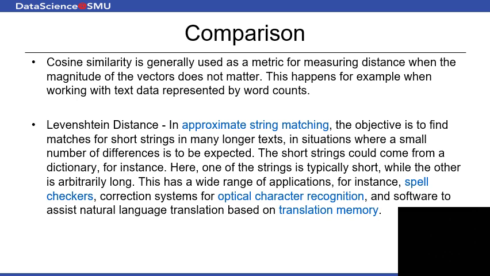Comparing cosine similarity and Levenshtein distance at a high level, cosine similarity is generally used to compare two documents to each other, trying to get the similarity by counts of similar words, while Levenshtein distance is usually used in string comparison, trying to get a similarity between individual words, not all words in a document.